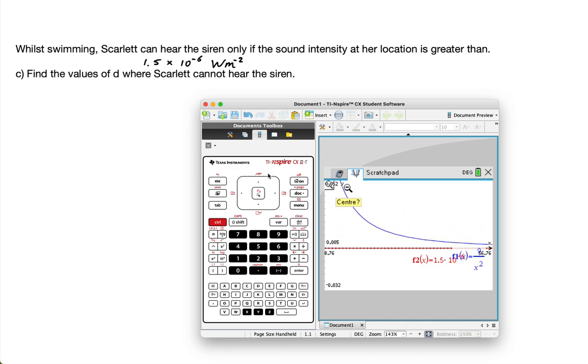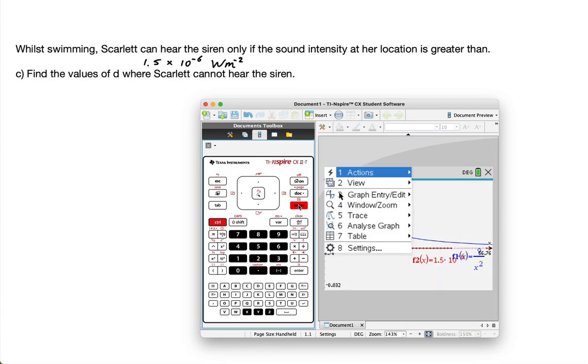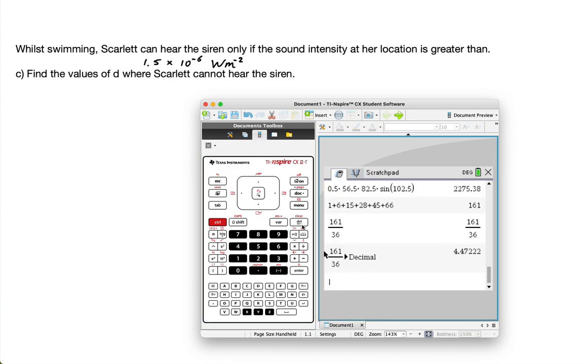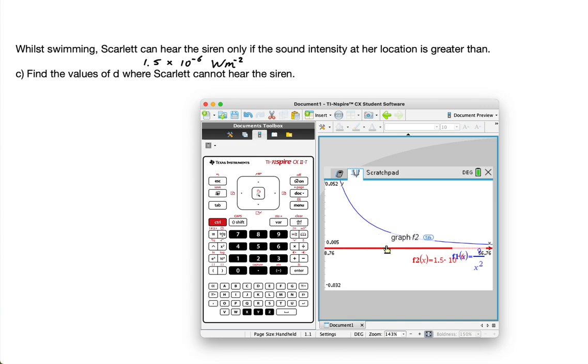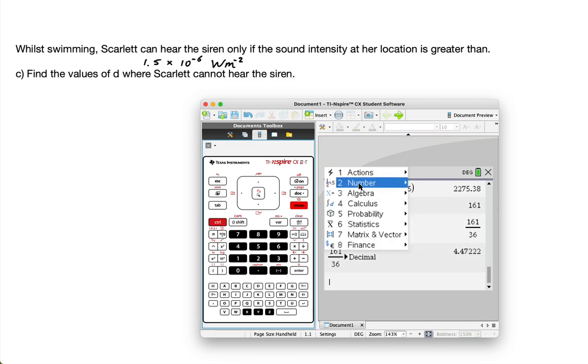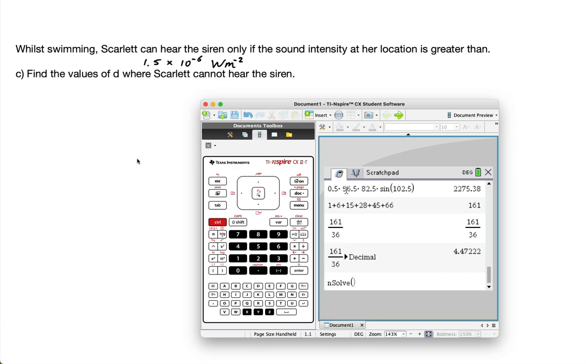Okay, I still have a problem where it's going to be very hard for me to see where it actually hits it. So instead of using this method, which is normally my preferred method, I'm going to use numerical solve. And I know numerical solve is fine because there's only one solution to this. It's only going to cross this once and then it's going to stay below it. So numerical solve is here, and I'm going to type in the equation.